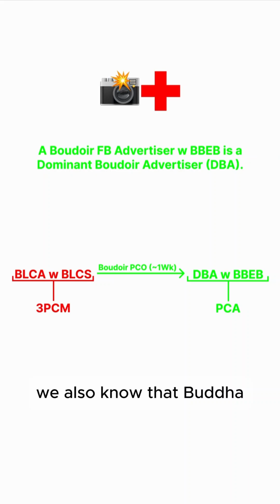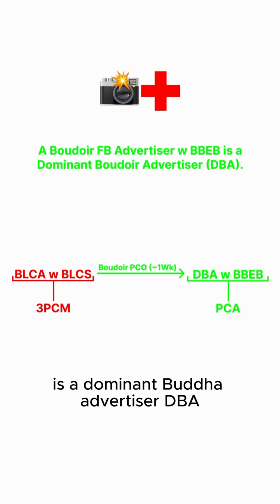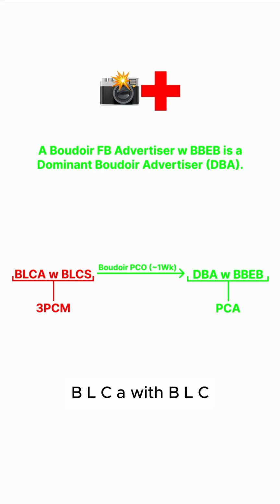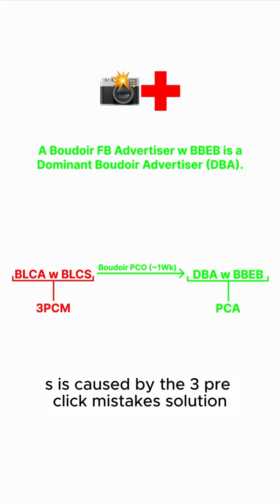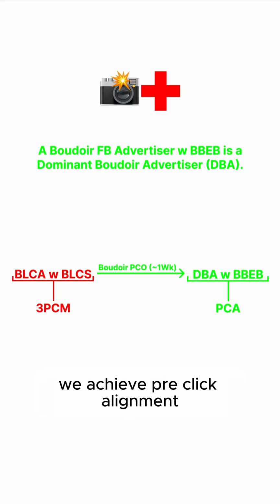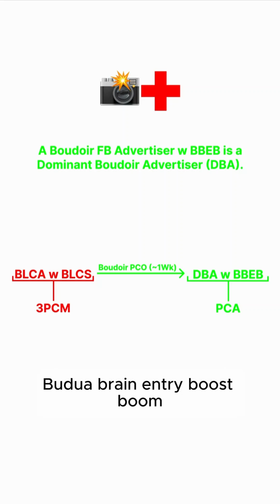We also know that a Boudoir Facebook advertiser with Boudoir brain entry boost is a dominant Boudoir advertiser, a DBA. So this is our full universe right here. A BLCA with BLCS is caused by the 3 pre-click mistakes. The solution, we now know, is Boudoir Pico. It takes about a week. We achieve pre-click alignment. We become a dominant Boudoir advertiser with Boudoir brain entry boost.